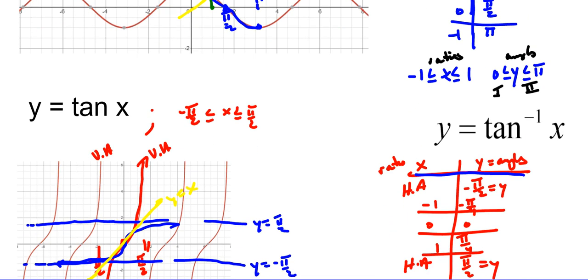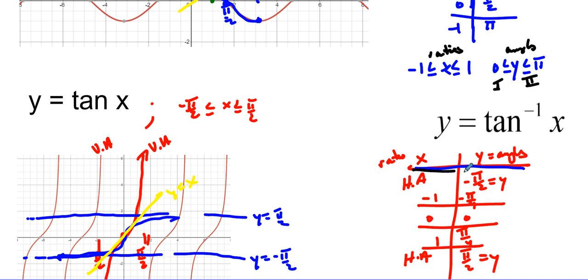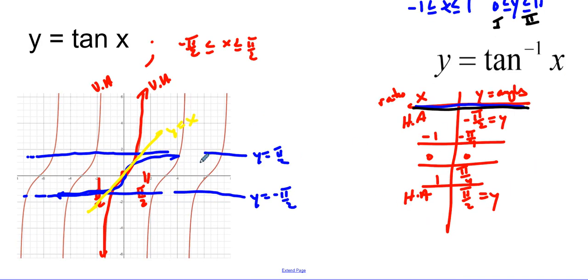And then finally, tangent. Because there are horizontal asymptotes, the values for x are actually all real. So we can go from negative infinity to infinity.